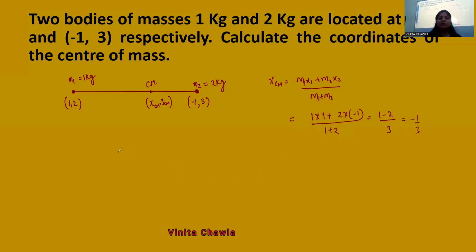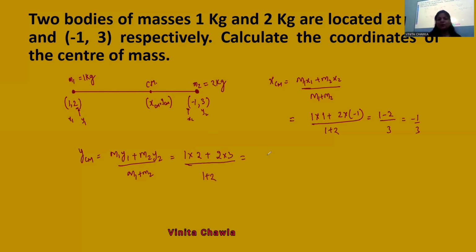Similarly, we can find the y coordinate of the center of mass. ycm is (m1 y1 plus m2 y2) upon (m1 plus m2). m1 is 1, and this coordinate 2 is y1, this is x1, and similarly this is x2 and y2. m2 is 2, y2 is 3, upon 1 plus 2.